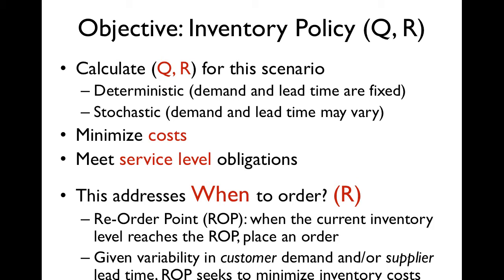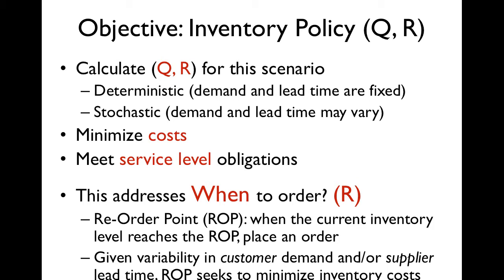So again, we're going to address the when to order, the R, and R is the trigger to place an order. What the reorder point is seeking to do is to minimize overall costs and meet your service level objectives in the face of the variability of customer demand and sometimes the variability around supplier lead time.